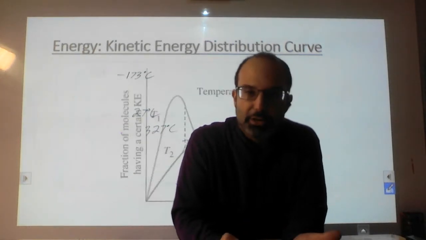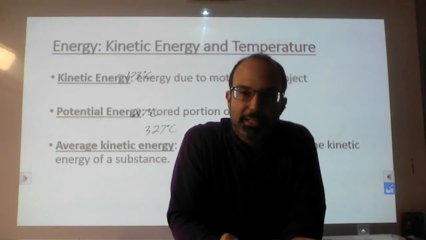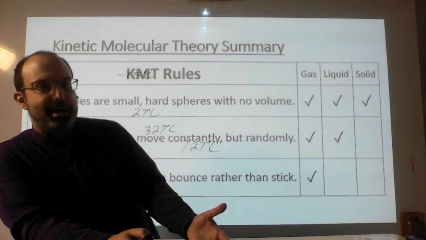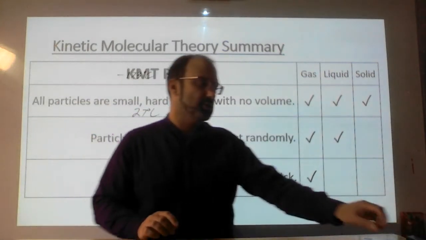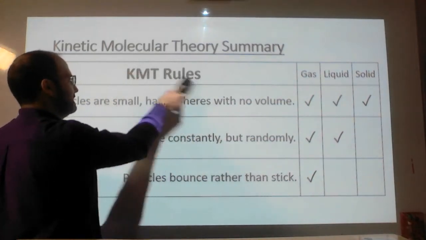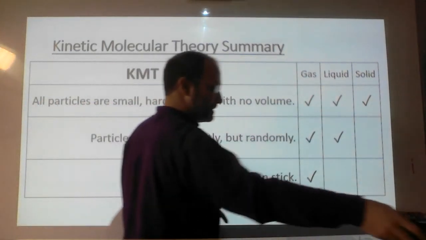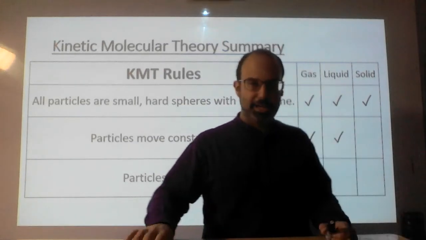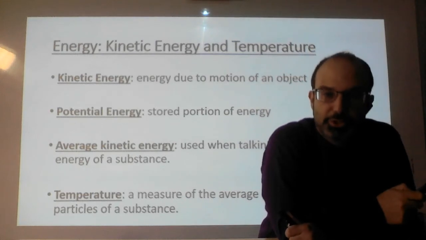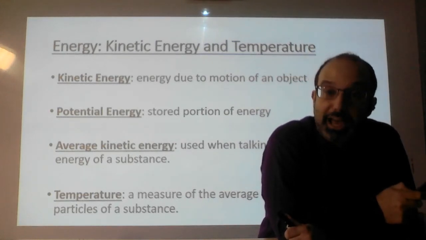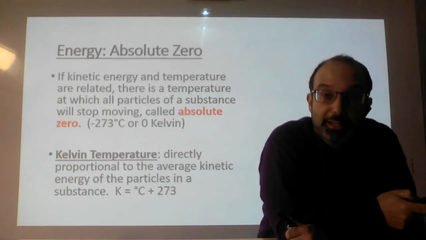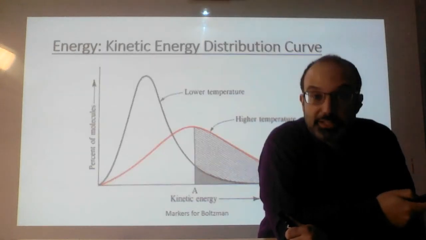We saw that every single type of matter ends up agreeing with the whole spheres with no volume thing, but that liquids are sticky and solids are both sticky and they don't move that much. But, as we just discovered, they still move because temperature is motion and all objects have some kind of motion, some kind of energy. And we see that the Kelvin scale exists, that's going to be important.